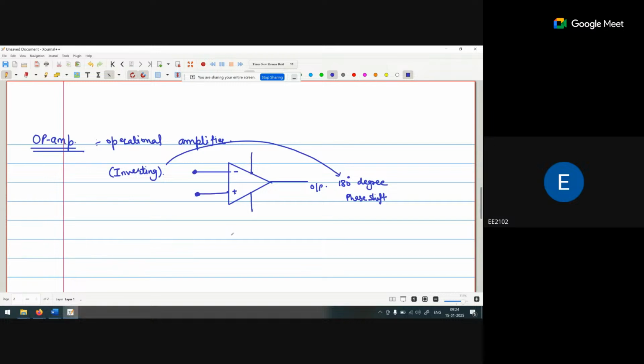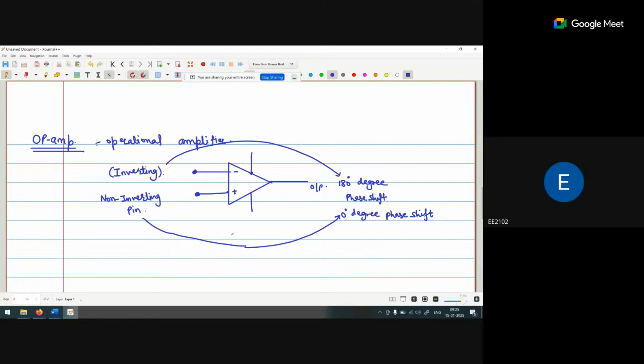If I connect the input at the positive pin, it is called the non-inverting pin, because when we provide the input here, we get the output at 0-degree phase shift. The phase shift is the same.